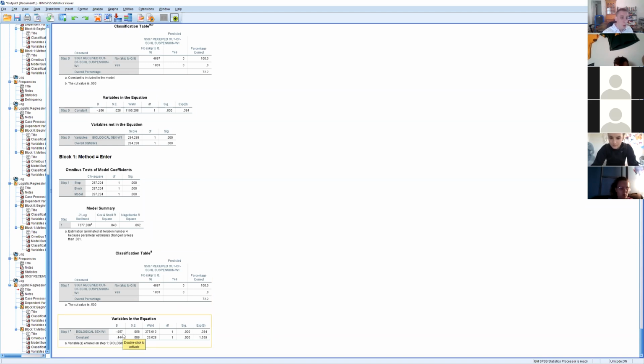So the way, though, that we can interpret this a little bit more intuitively is we want to look at the exponentiated version of this variable. If we express b as an exponent of the constant e, the mathematical constant e, so b is a power of e, then what we get is, I forget what e is, 1.2 something.